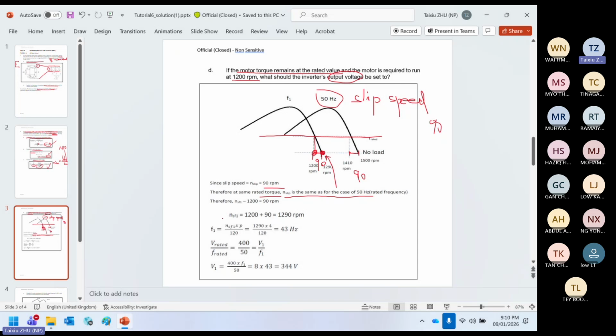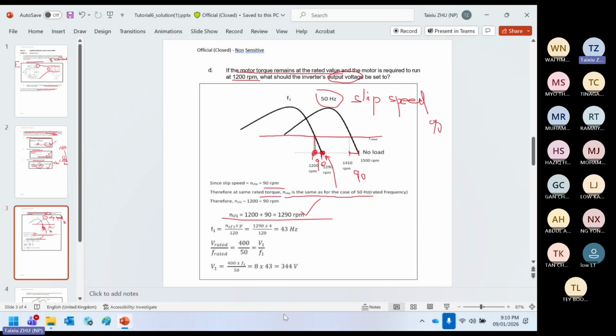Yes, just add. Is that right? Yes, correct. Because you told me the V/F control always gives you the same slip speed with the constant torque. So I'm using this theory.